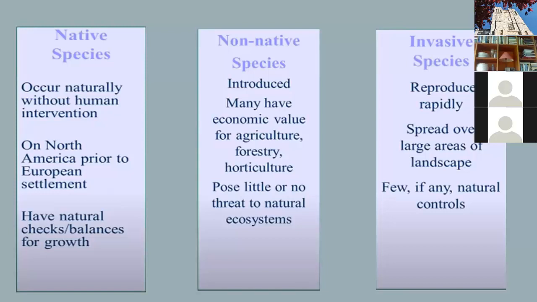So, yeah, for example, a non-native species that's not considered a problem in most situations is like white clover. A lot of our vegetables that have come from different countries are not considered invasive. That would be kind of the difference, as opposed to something that will go crazy and take up everything.